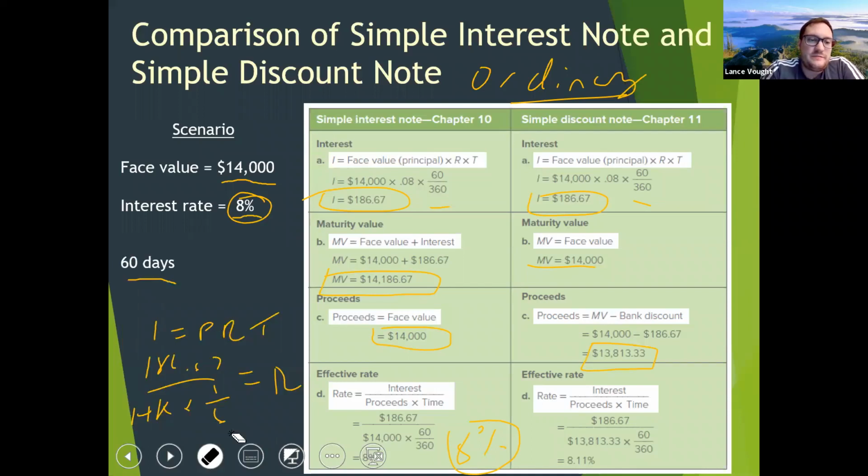However, if you receive a simple discount loan, the actual principal that you're receiving, the proceeds, is lower because we've already deducted the interest.